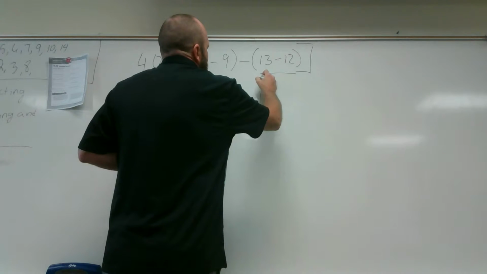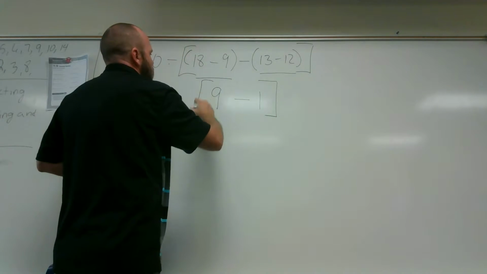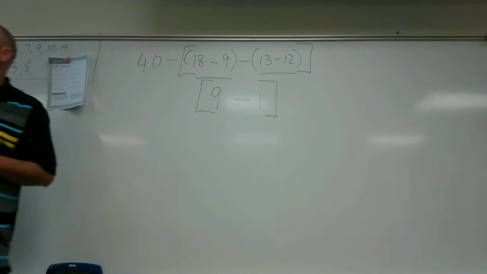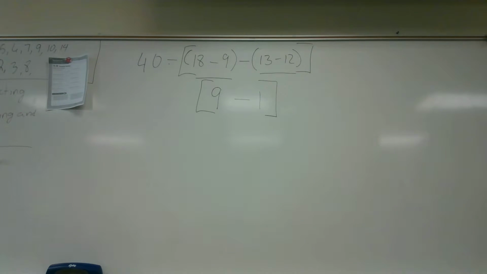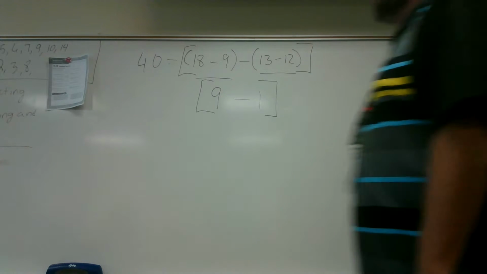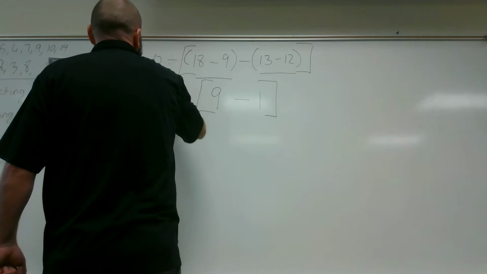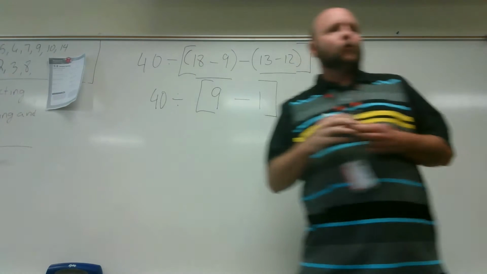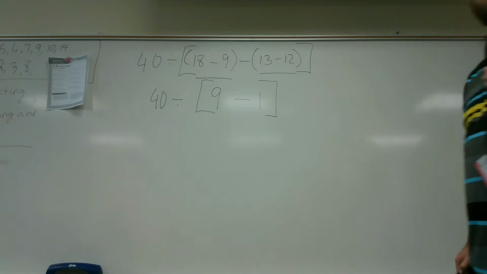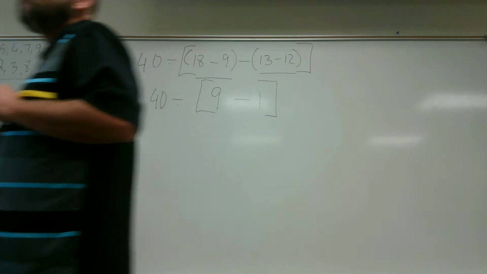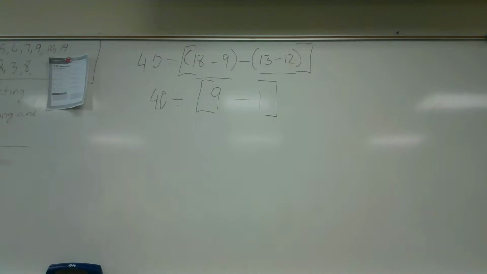1. Now, these are still in the brackets, because we haven't simplified the brackets all the way down to their most simple form. We bring down what we haven't used: 40 divided by the difference of 9 and 1. Now, Katie, what part do we do next?